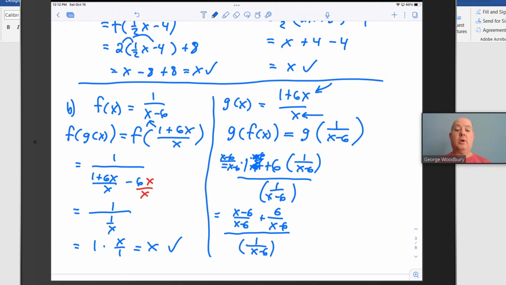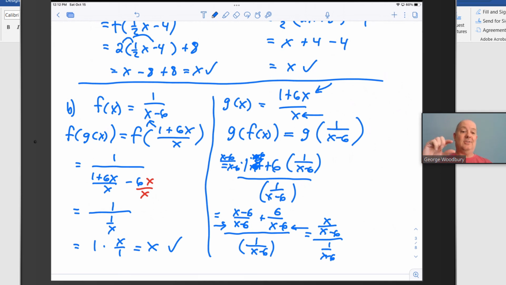Now to clean up that numerator, they both have the same denominator, so we can add straight across. X minus 6 plus 6, that just equals x. So x over 1 over x minus 6.